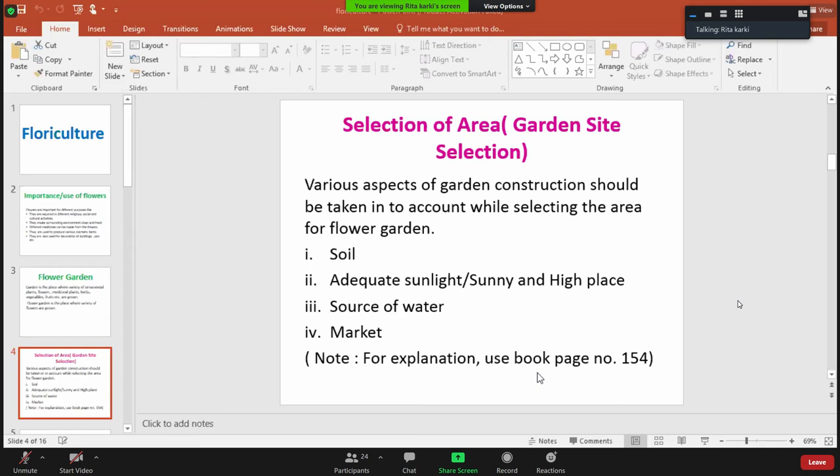Most importantly, we should try to choose an area where sunlight is well scattered, and if we do not find such areas, we should choose one where flowers can get at least 6 hours of sunlight for the proper growth and development of the flowers or any other ornamental plant.